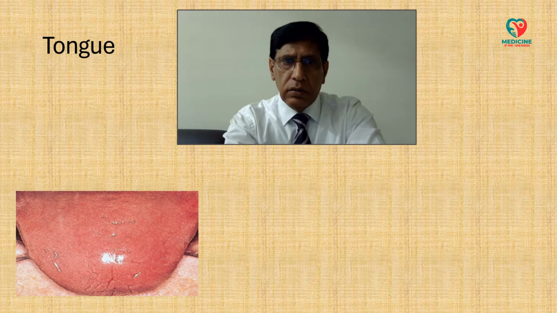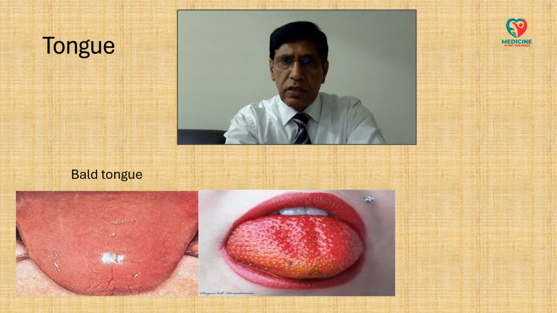The tongue, notice this tongue. Normally the tongue is like a towel. There are papillae, there is furrowing, there is a lot of this ciliary appearance, but this is devoid of all those features. This is a bald tongue, and this bald tongue can be as a result of protein deficiency, vitamin deficiencies or iron deficiencies.